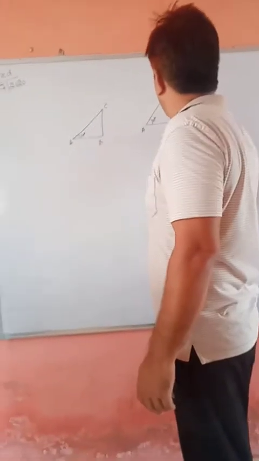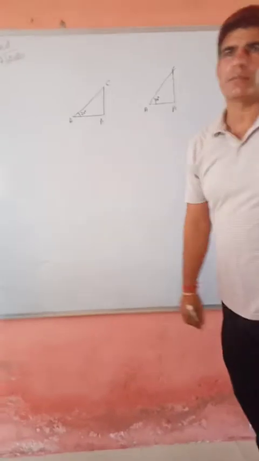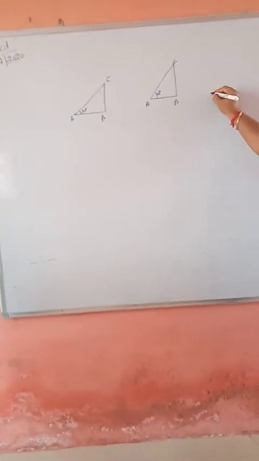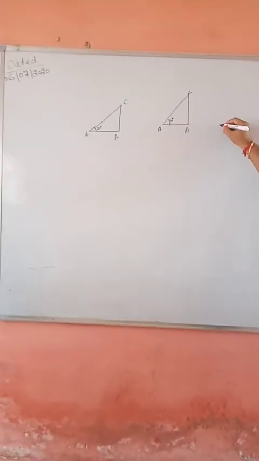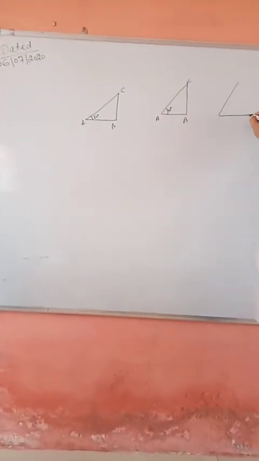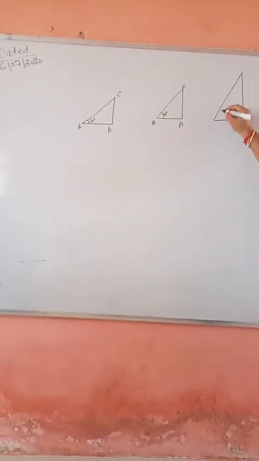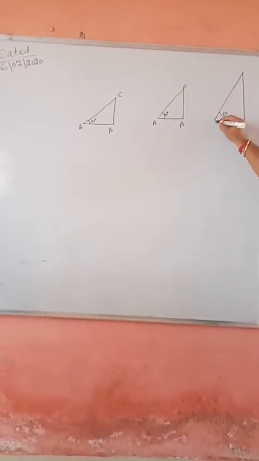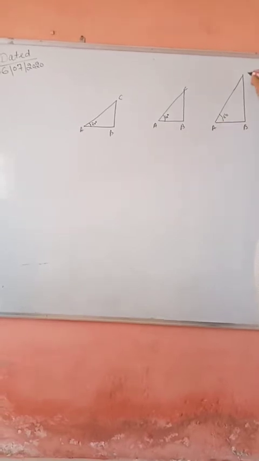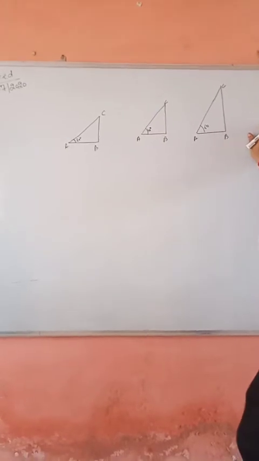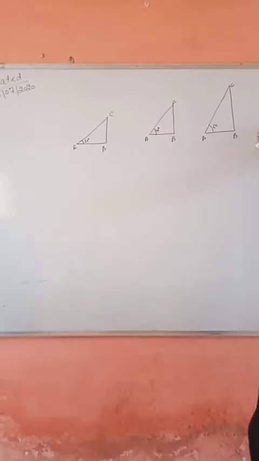Again this is A, B, C. Understood or not? Again what happened? This angle becomes 60 degree. So this again starts increasing. This is 60 degree. A, B, C. Understood?